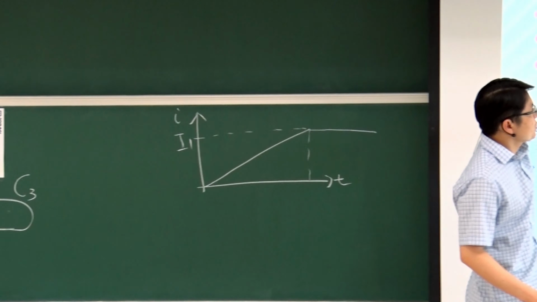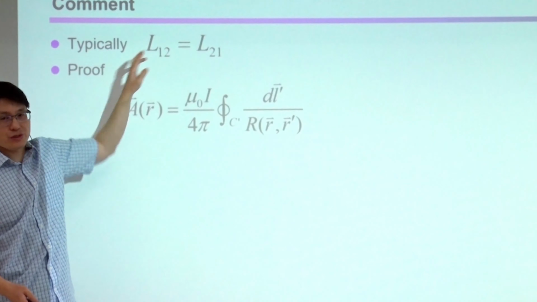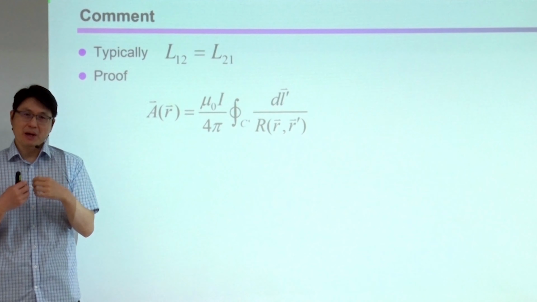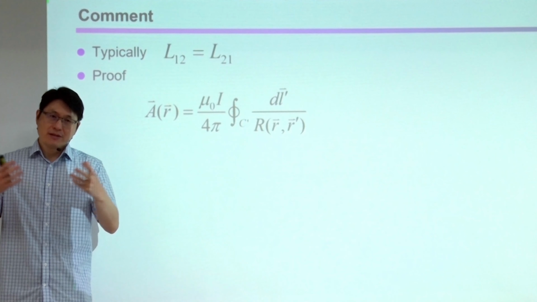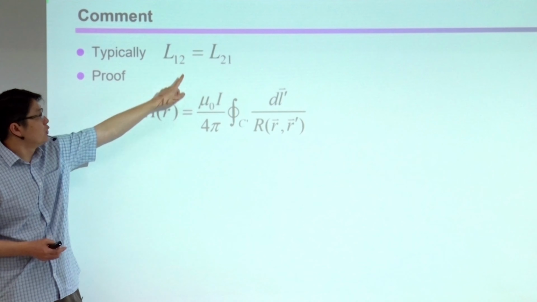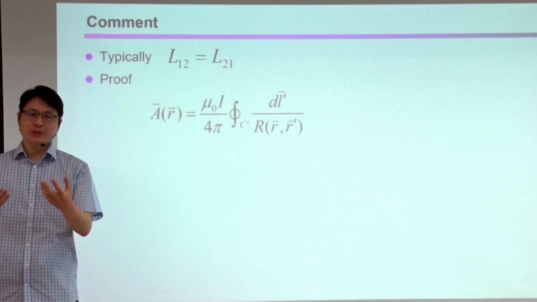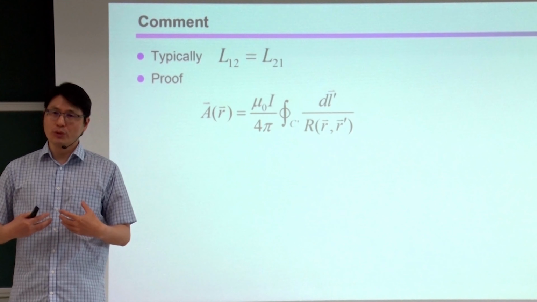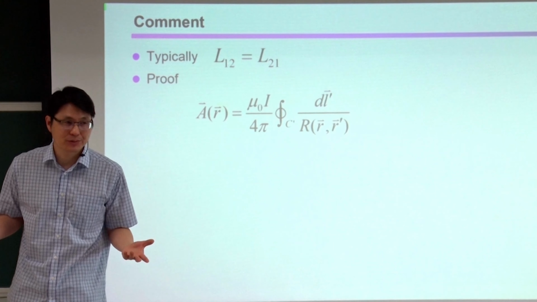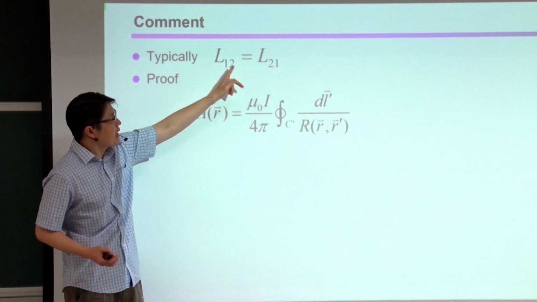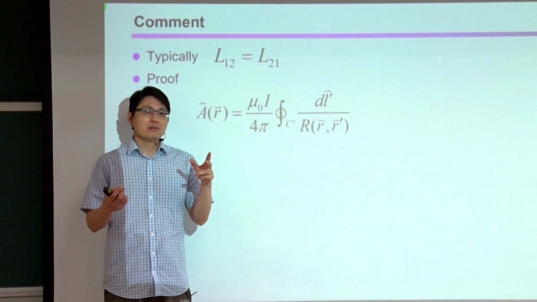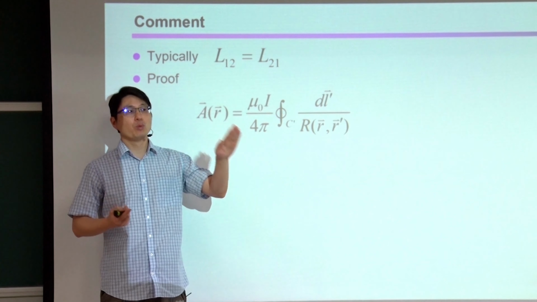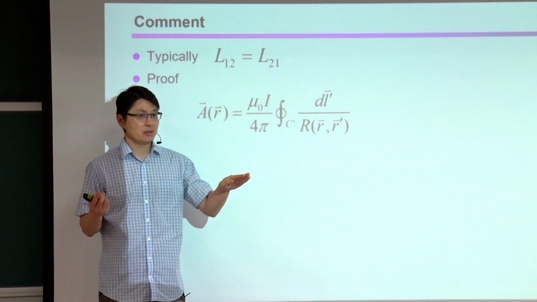Now, as we said, we only talked about L12, meaning loop number 1 is responsible for generating the field lines, and loop number 2 is trying to examine, well, how many field lines are provided for me without paying the cost. Right? At the same time, you can also have loop number 2 operating, and loop number 1 is not having current.